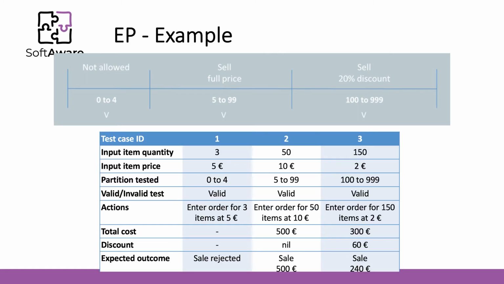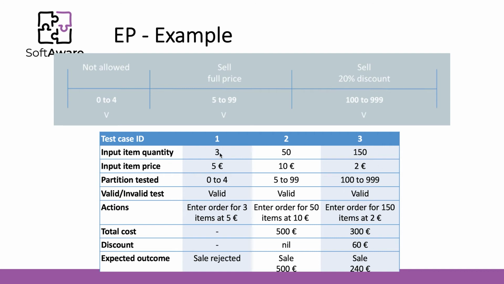Okay? From the equivalence partitioning, you can design 3 test cases, 1 for each valid partition. For each test case, you have an ID, an identification number that is unique. You put the item quantity that is the representative of each partition.